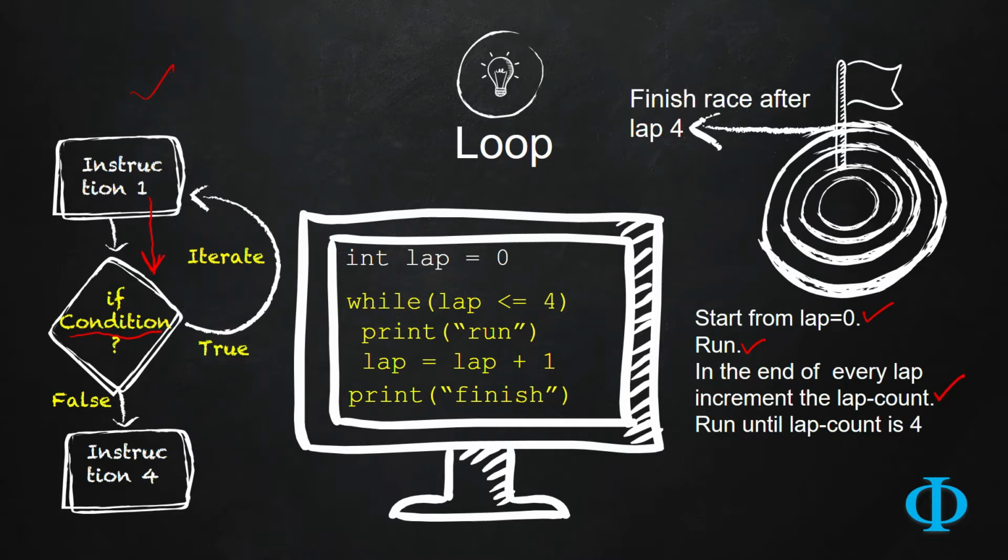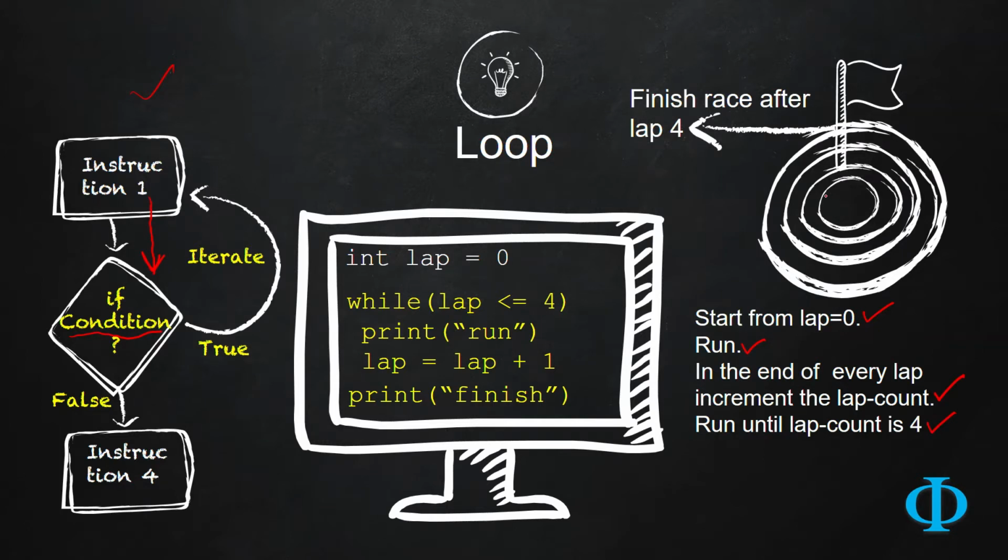That is, it started from 0. Then after the end of the first lap, the lap count is incremented to 1. After the next lap, it is incremented to 2. After the next lap, it is incremented to 3, like this. And the competition goes until the lap count reaches 4.